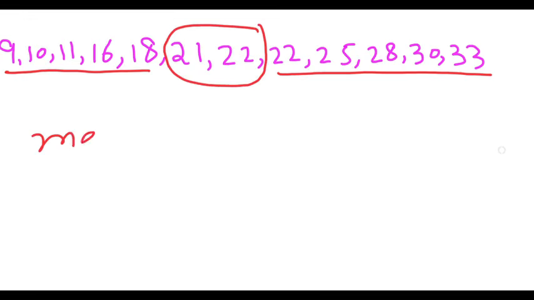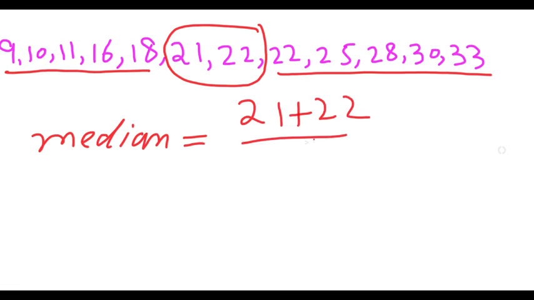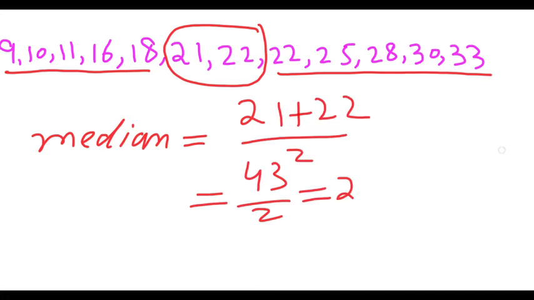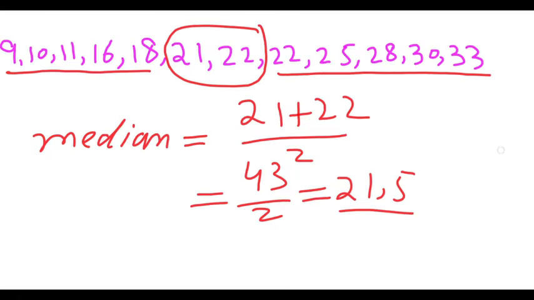Therefore, the median gonna be the 2 values in the middle, so you have to add and divide by 2. So the answer will be 43 over 2 is equal to 21,5. Same answer. So you can choose the first method or this method. One of these methods you need to choose. I think this is easier.